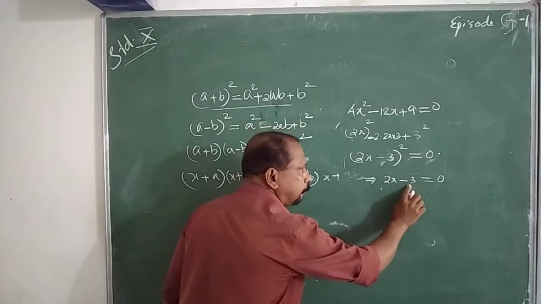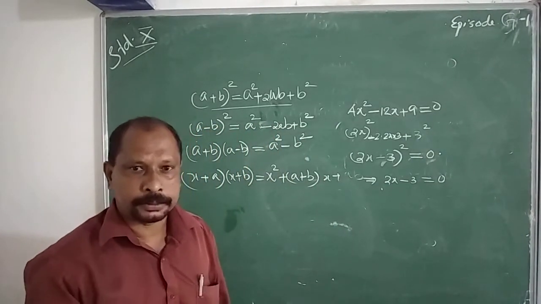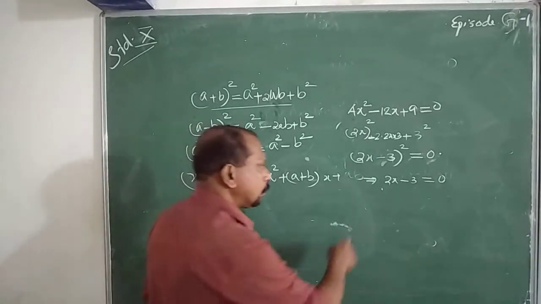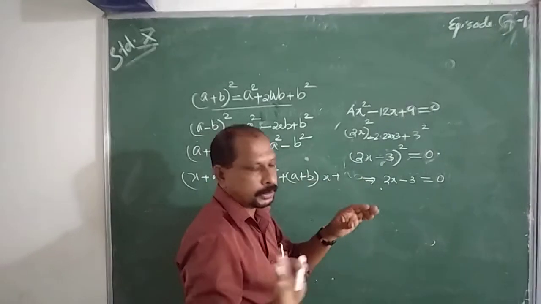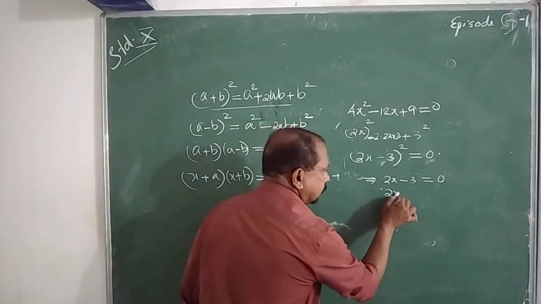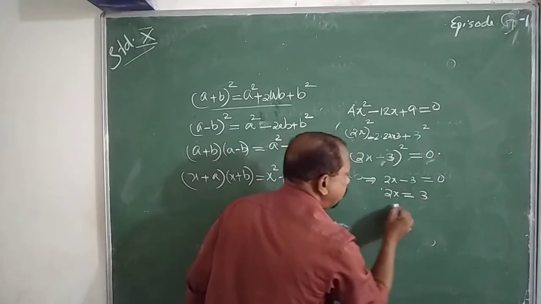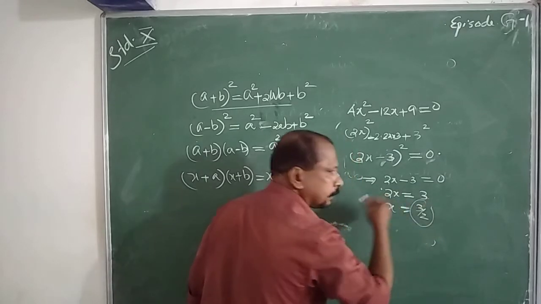Shifting 3 to the right, anytime you shift a term from left to right, the sign changes, positive changes to negative or negative changes to positive. That means 2x is equal to 3. Then what is x? 3 by 2.